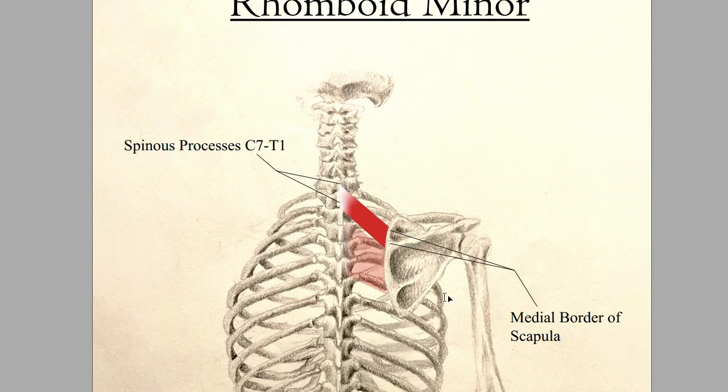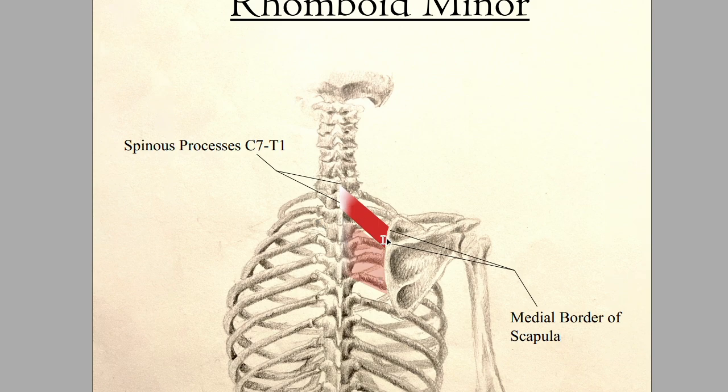So this is the point that I wanted to show you. Notice how the rhomboid minor and the rhomboid major are both attaching to the medial border of the scapula. However, the root of the scapular spine is essentially the dividing marker between rhomboid minor and rhomboid major. Okay, why is this important? If you are taking a practical exam on cadaveric dissections, what you'll see sometimes is that both of these muscles have a similar course.